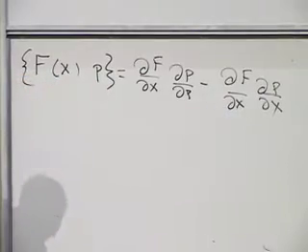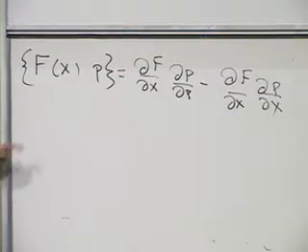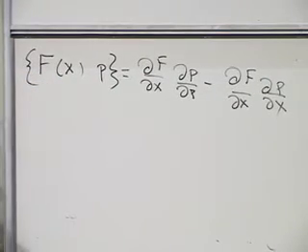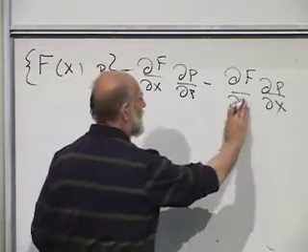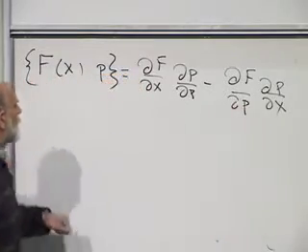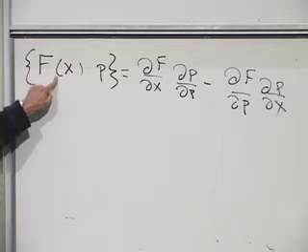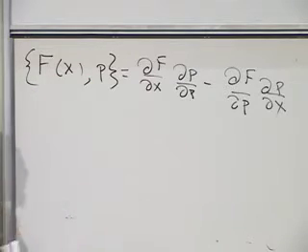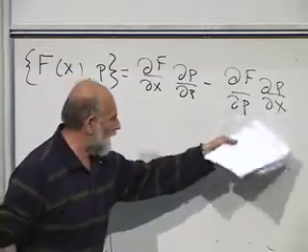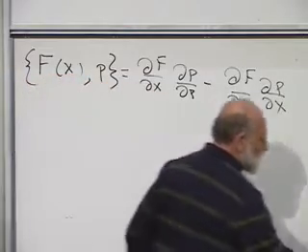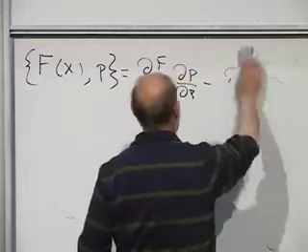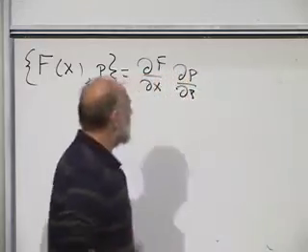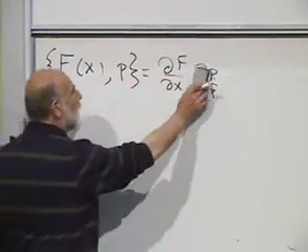This second term is 0 on at least 2 counts. First of all, df/dp is 0. f doesn't depend on p. And second of all, dp/dx, p doesn't depend on x. So the second term here is completely 0. The derivative of p with respect to itself is 1.